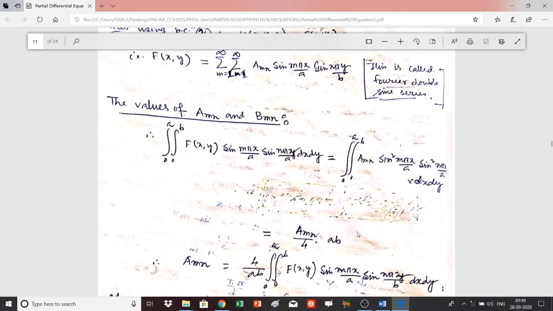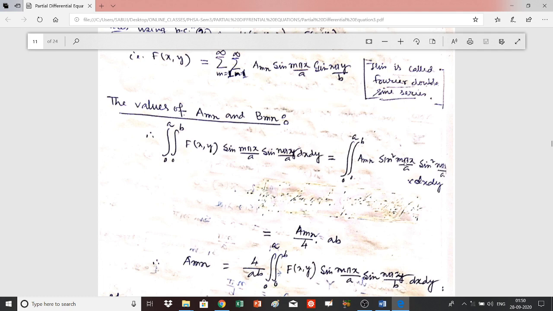So finally that will give you, multiplying by 1 by 4, 2 sin square(m pi x by a) and another 2 sin square(n pi y by b) dx dy. Now you know that 2 sin square(m pi x by a) can be written as 1 minus cos(2 m pi x by a), and this can also be written as 1 minus cos(2 n pi y by b).